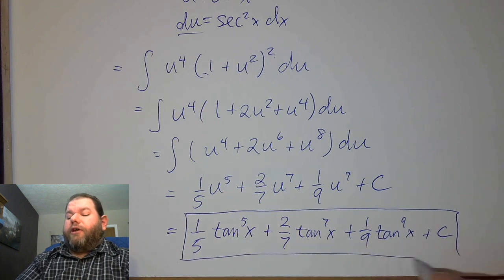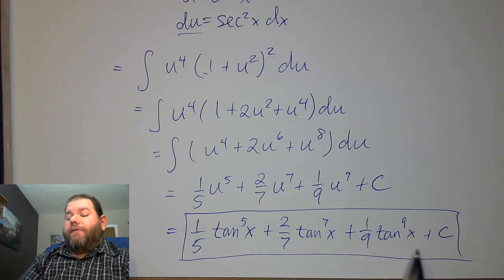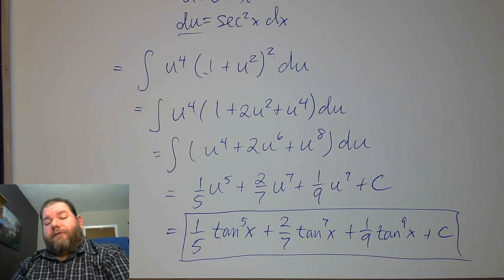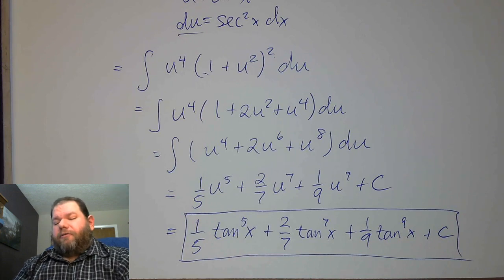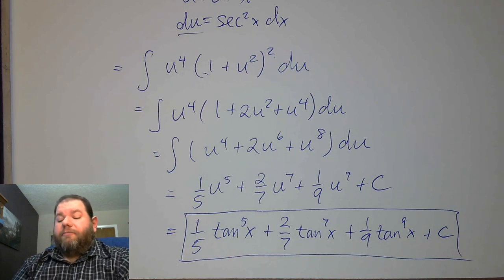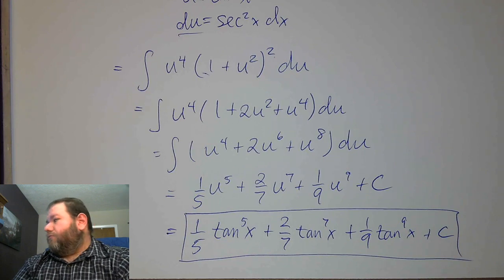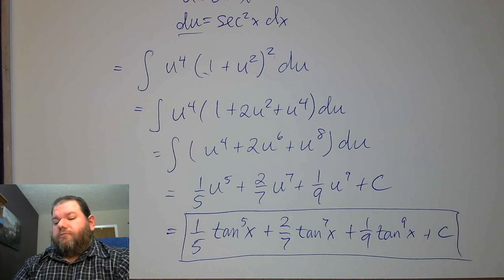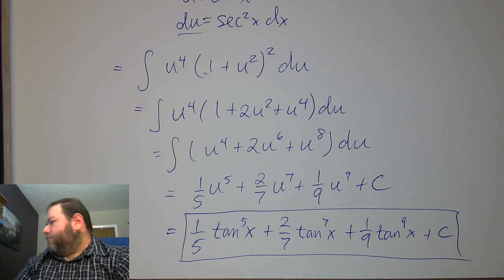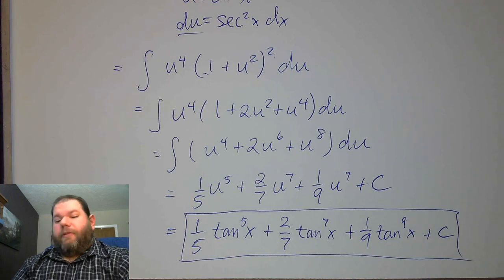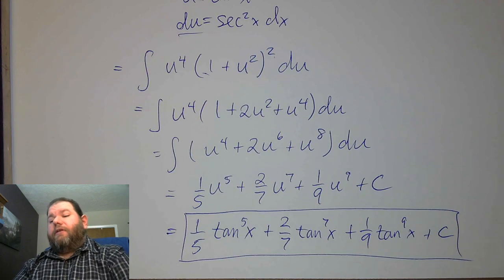If you really want a challenge, take the derivative of this and try to simplify it to what we started with in our integral. It gets a little weird, but it does work. So that's our even number of secants case.